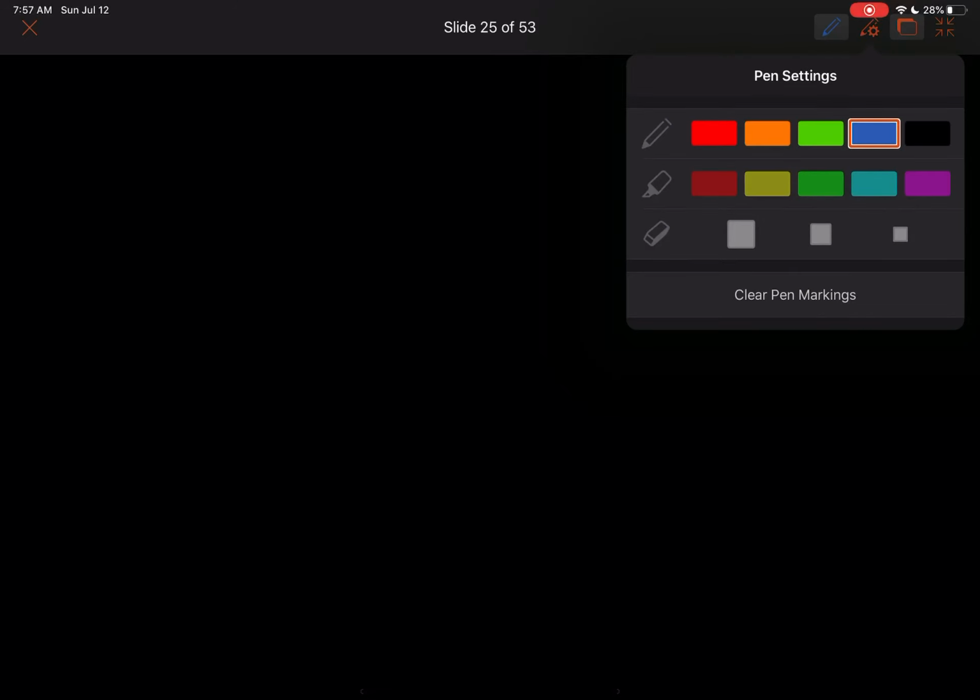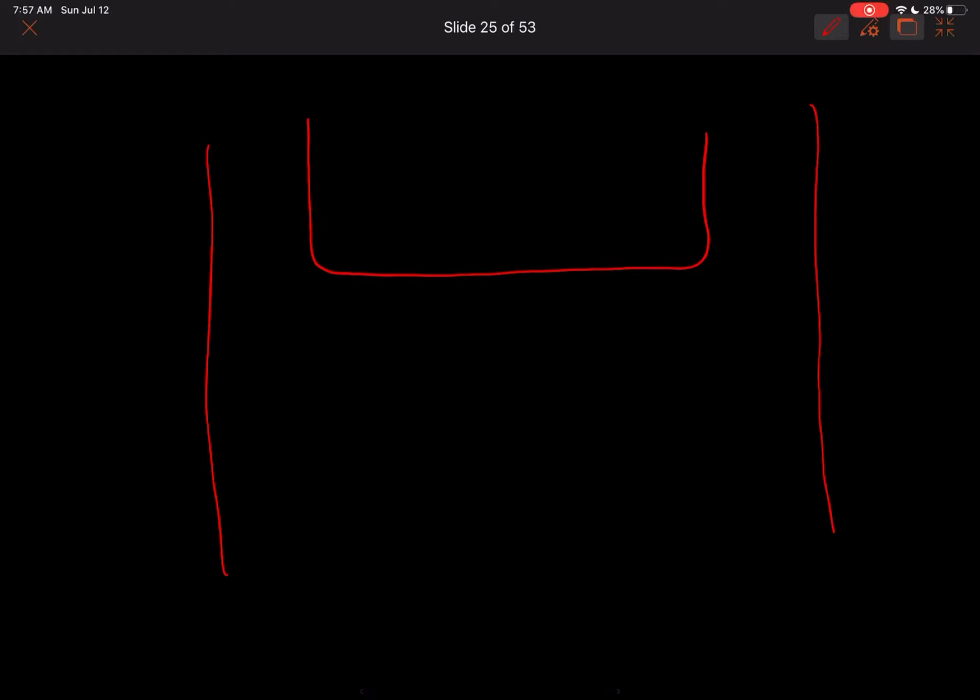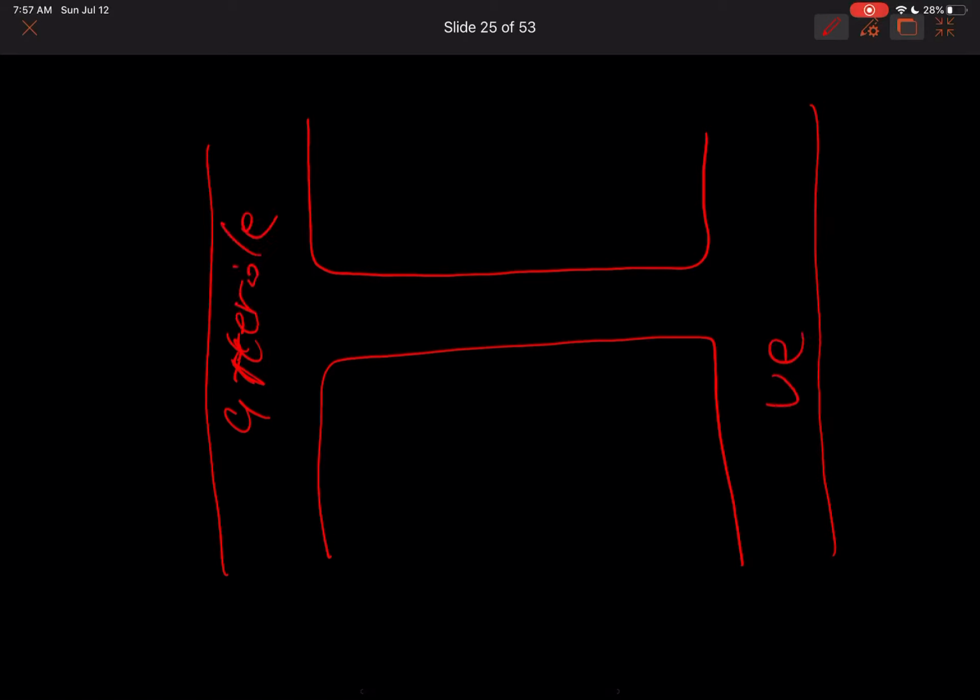Okay, in a blank slide, you have capillaries. This is your arterial end, and this is your venular end of the capillary. This is your capillary here.